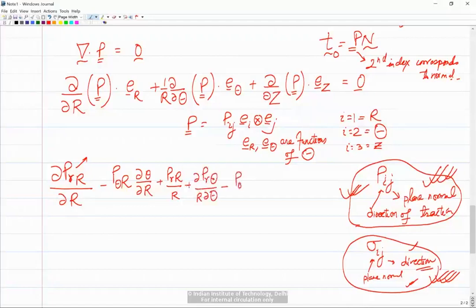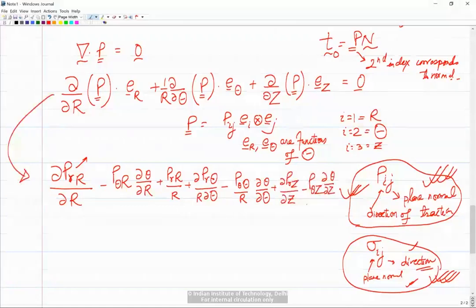Minus P small theta big theta by big R into del small theta by del big theta plus del P small r big Z over del big Z minus P small theta big Z into del small theta by del big Z. Okay, and this is equal to 0. So this is the radial equation.